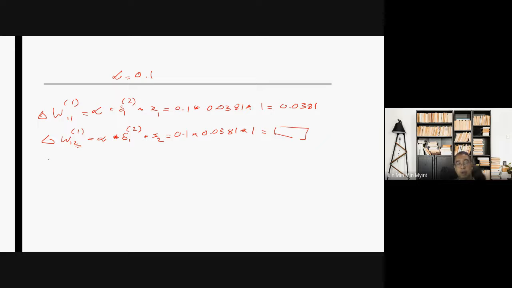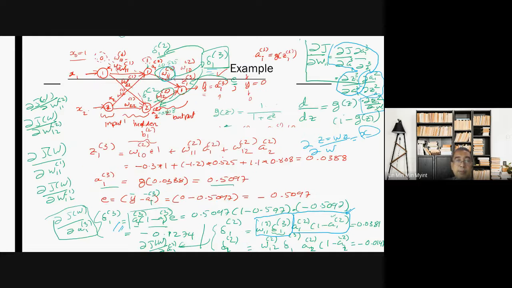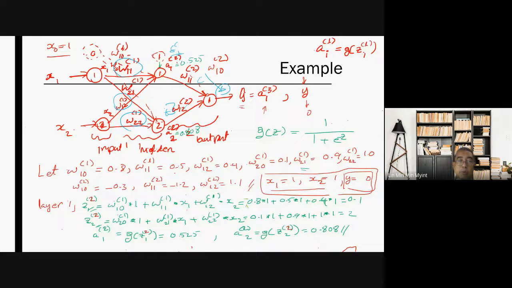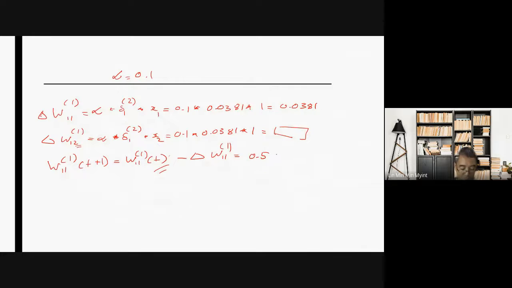And then you can update it: W111 at T plus 1 is W111 current weight minus delta W11. So this is almost 0.5 minus 0.0381.